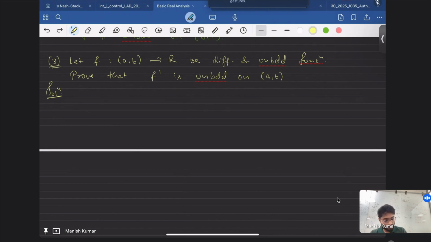Okay, so what I'm saying is, if possible, suppose f prime is bounded. Now my claim would be that f is a bounded function.